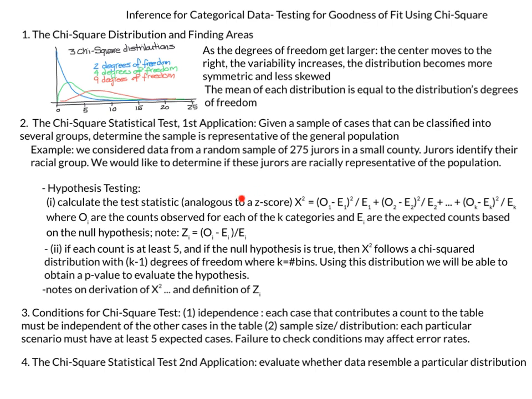Instead of a z-score, we used this chi-squared test statistic, which is essentially this. It's very similar to the z-score that we used for the normal curve, but we needed to square the top so we didn't have cancellations between negative and positive z-scores.